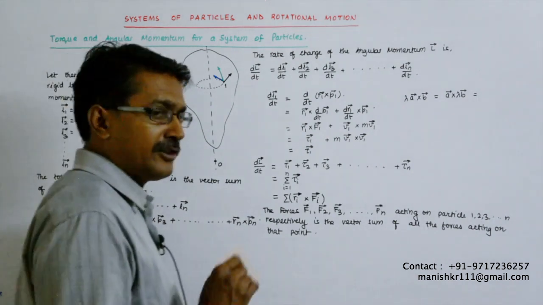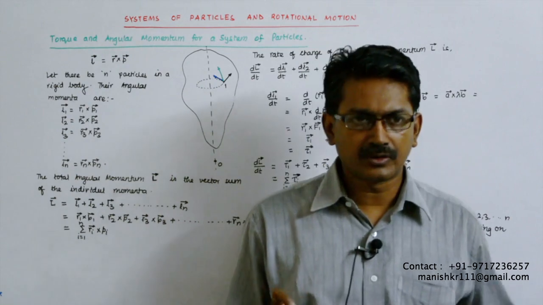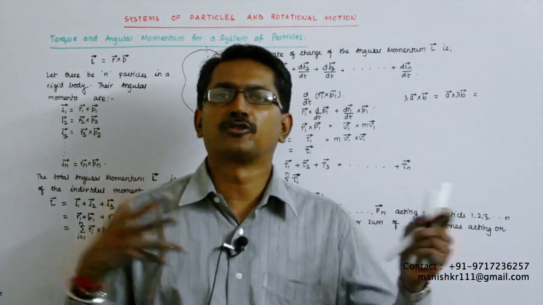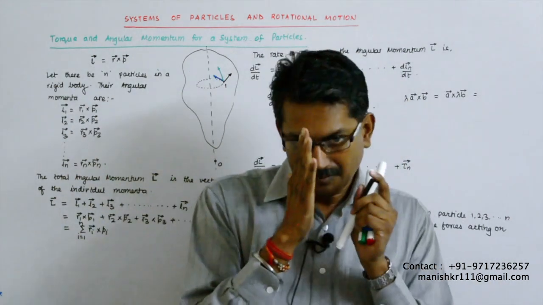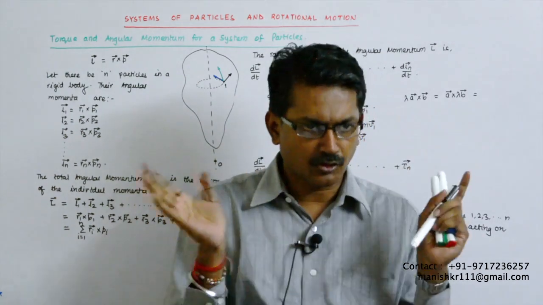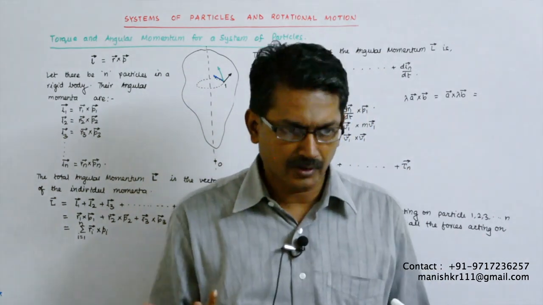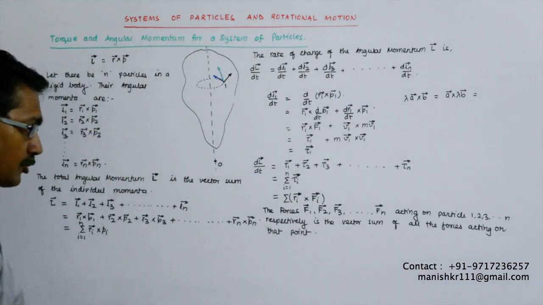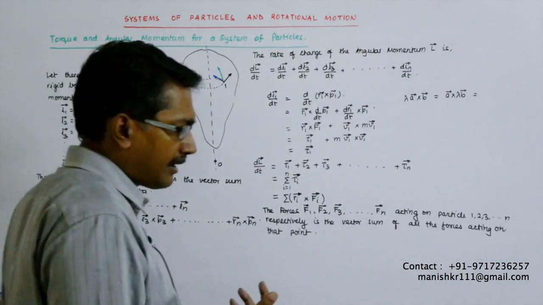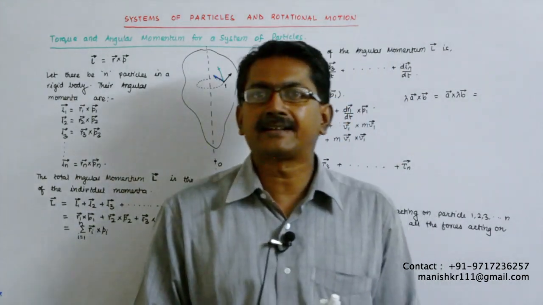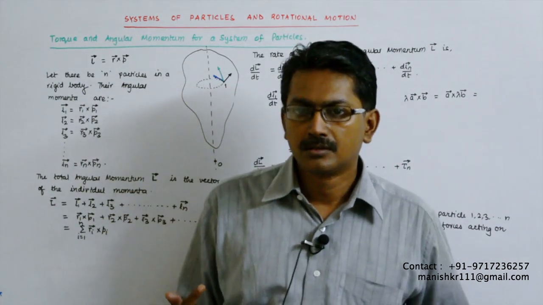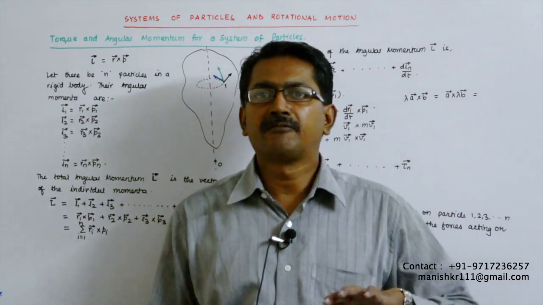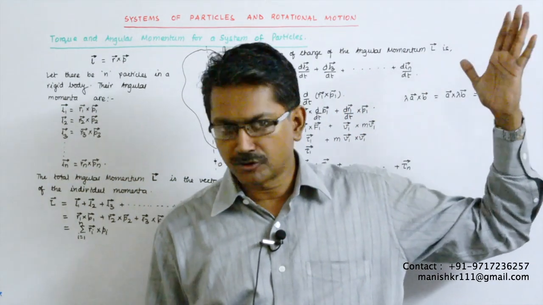Now there may be say 12 forces acting on one, so my F1 is the vector sum of that, so I collapse it into one, that I am quite capable of doing. Vector sum is not a joke. It is not some vague mathematical concept that was told to you.